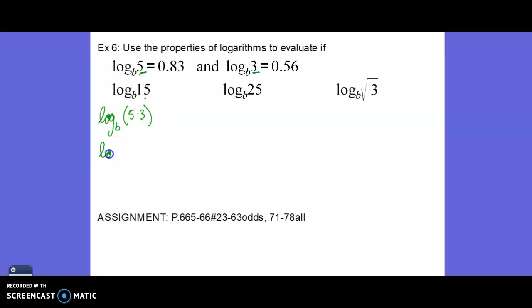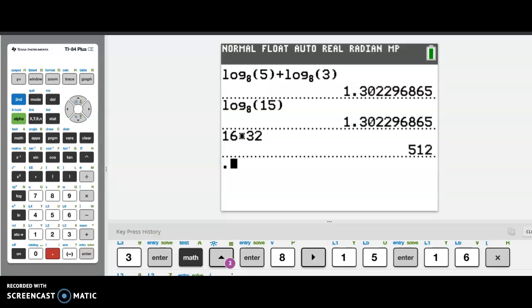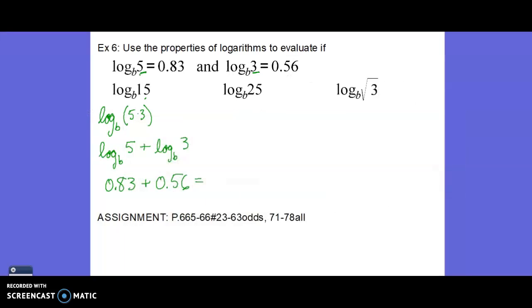So what they're trying to get you to think about is, how about we rewrite this as log base b of 5 plus, because of the multiplication, log base b of 3. Well, based off of the directions then, log base b of 5 equals 0.83, and log base b of 3 is 0.56. If I add those together, and again, feel free to use a calculator, you get the correct answer of 1.39.